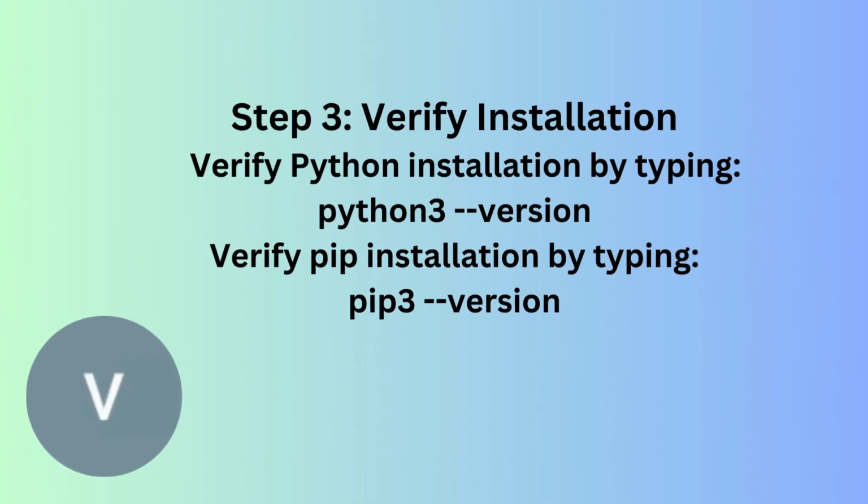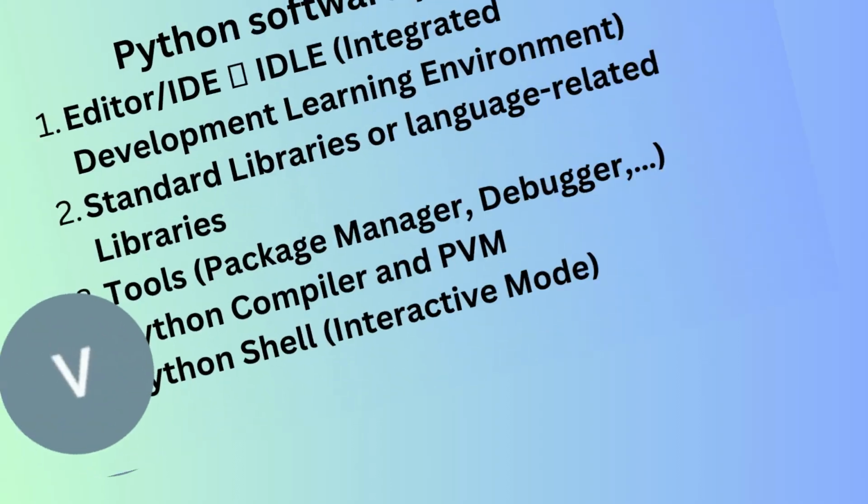Verify installation. Below is the command to verify Python after installation: python3 --version. To check pip, the command is pip3 --version. With these two we can see which version we have downloaded.